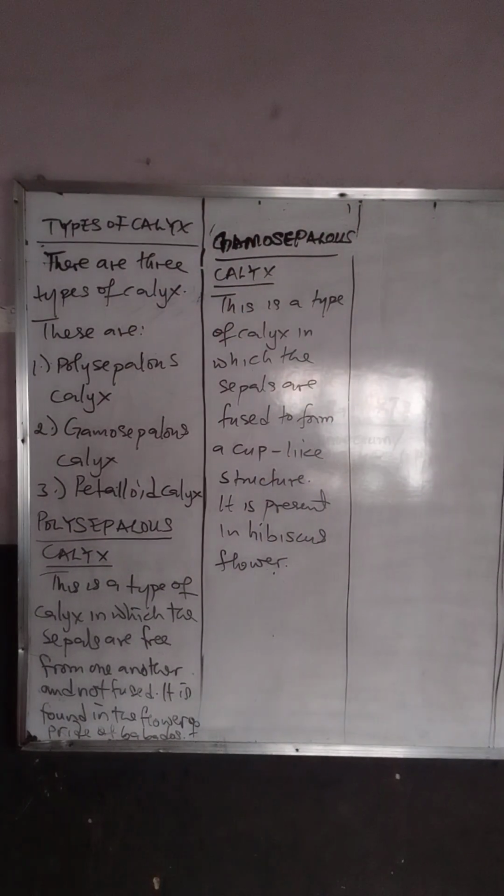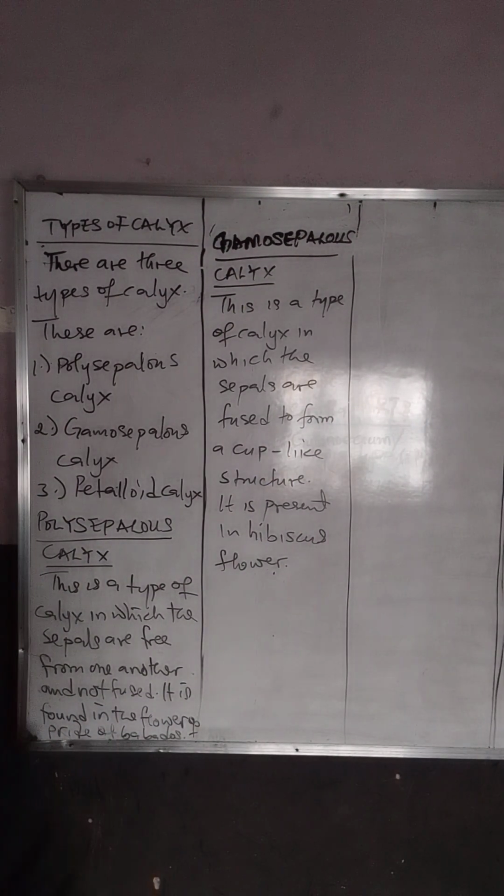This one sepal, this another sepal, this another sepal, but they are already fused together to form a cup-like structure. These are epicalyx, these ones that look like a star. We have discussed that in the previous video. Underneath the calyx, that's epicalyx. Epicalyx is in hibiscus, but it's absent in Pride of Barbados. The gamosepalous calyx is in hibiscus, while polysepalous calyx is in Pride of Barbados.